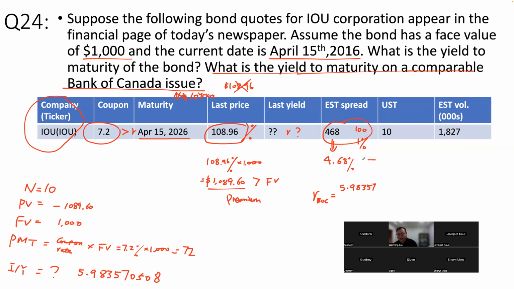That is measured by this spread. You can deduct 4.68, so I get 1.3%. So the return of the government bond of Canada, the yield to maturity, is only 1.3%.